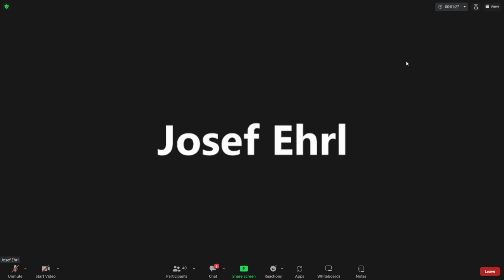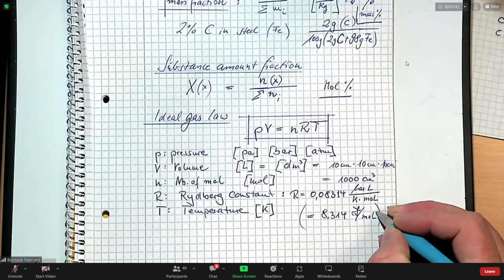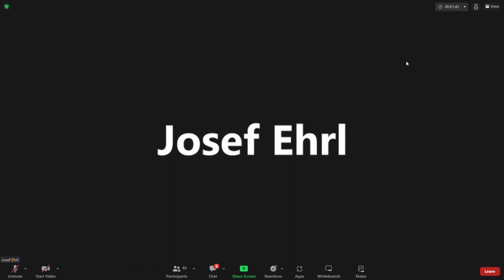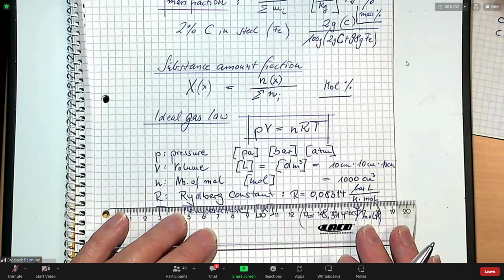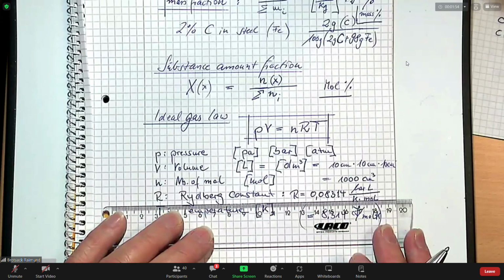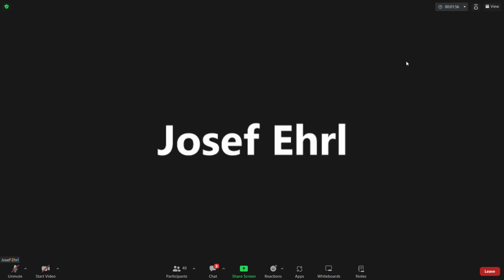Excuse me? Yeah. I need to make some corrections. At first, the unit of R is joules over Kelvin and mole. Yeah, I forgot the Kelvin. And it's not called Rydberg constant, it's the ideal gas constant. Yeah, but I think it's another name. Mr. Rydberg found it. No, the Rydberg constant is related to the atomic spectra.